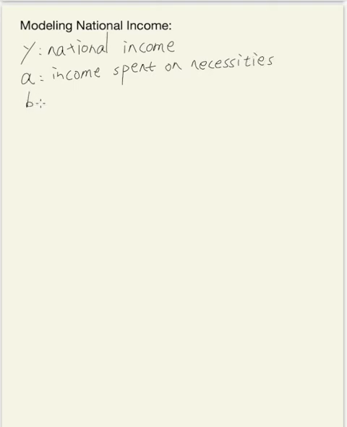And b is percent of remaining income spent on luxuries.